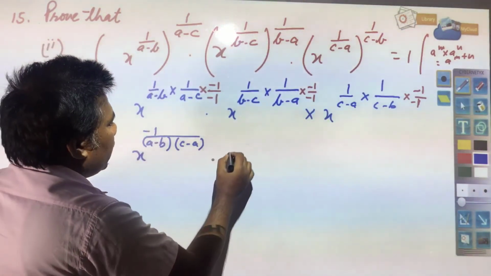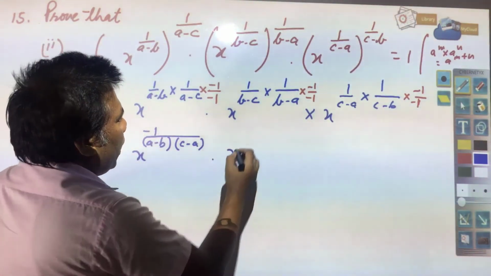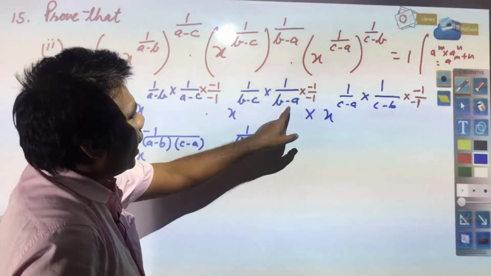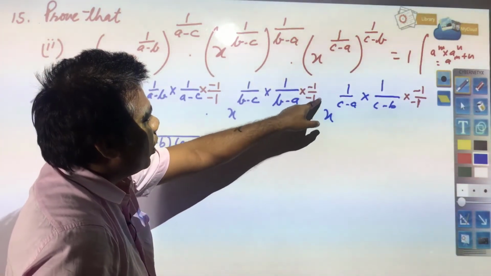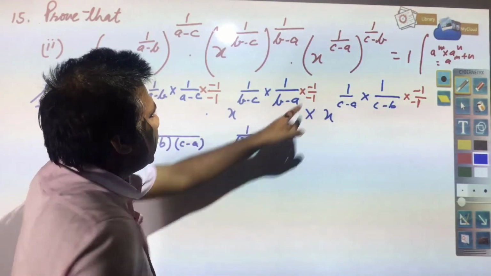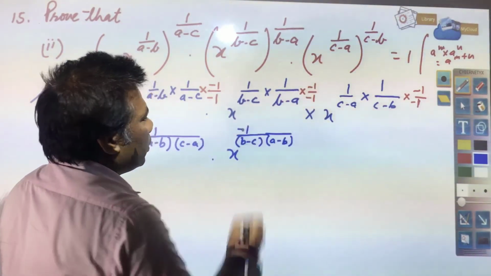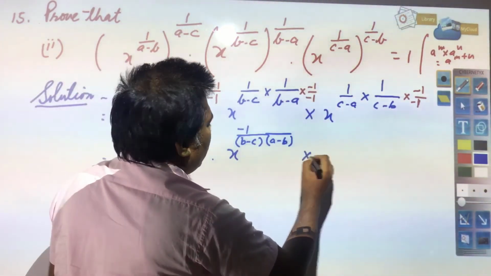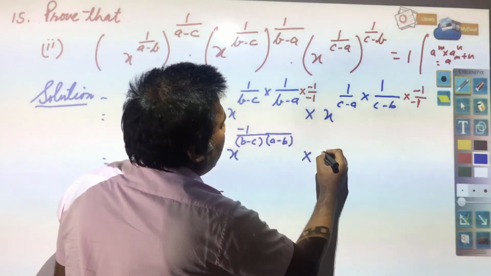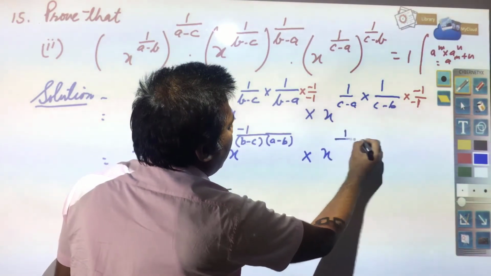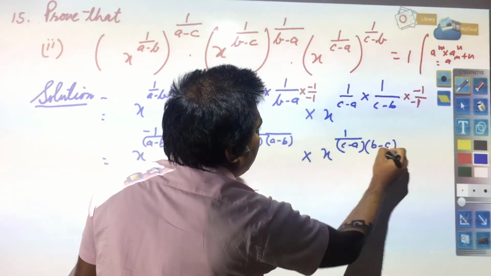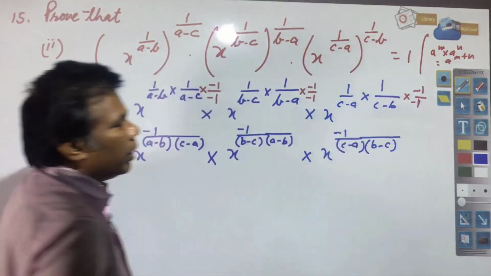In the same way, here we will have x to the power 1 by b minus c, and this will be a minus b if we are multiplying with minus 1, a minus b, and this minus will come over here, into, here also you write x to the power 1 by c minus a, and this will become b minus c, and this will be minus.